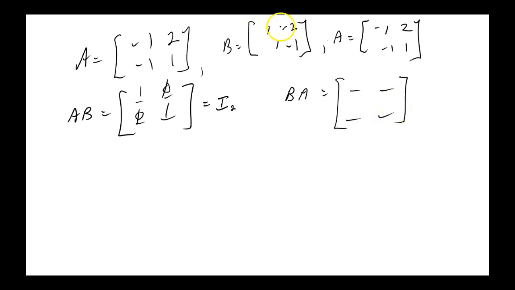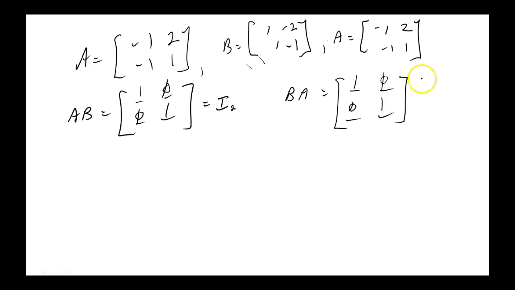Negative 1 plus 2. Right? 1. Next. Across, 2 negative 2 is? 0. Next, negative 1 plus 1 is 0. And minus 1.